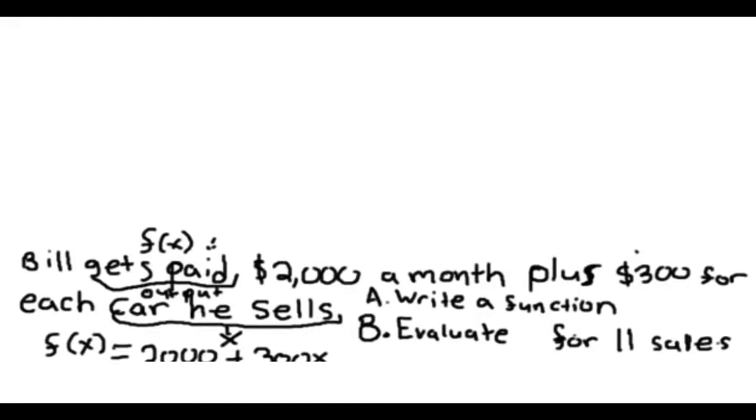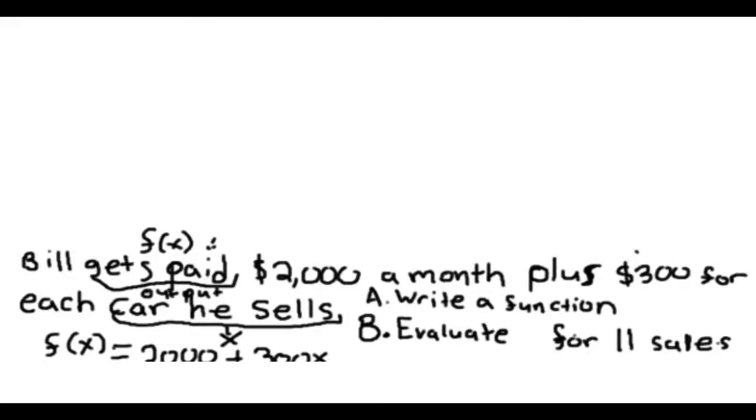And there you go. That's going to be your equation or your function that relates the number of cars he sells, which we identified to be x, with this output. And I wrote it out in function notation with f of x, but we could have gotten the exact same thing with, let's say, S is his salary. S is equal to 2,000 plus 300x.